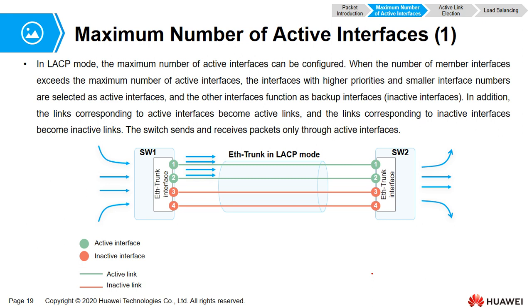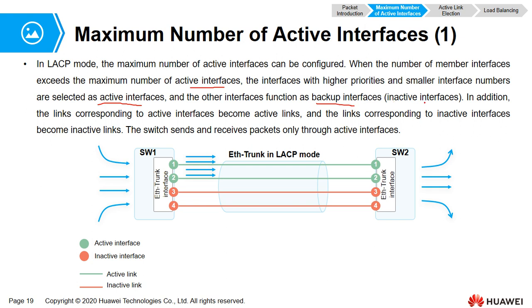Maximum number of active interfaces. In LACP mode, the maximum number of active interfaces can be configured when the number of member interfaces exceeds the maximum number of active interfaces. The interfaces with higher priority and smaller interface numbers are selected as active interfaces, and other interfaces function as backup interfaces, the unselected inactive interfaces.